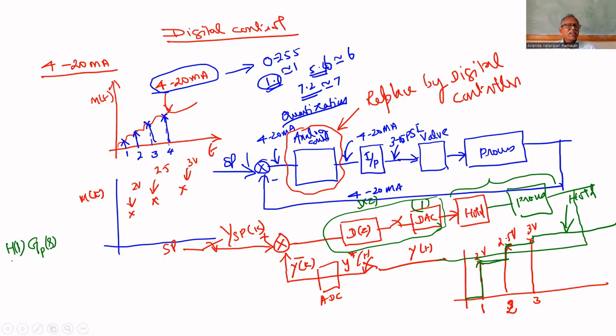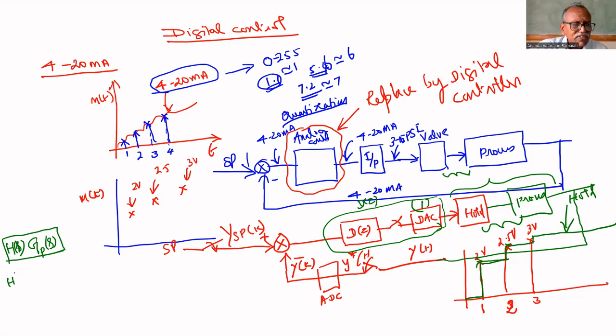If it is in the S domain, we can multiply these two, because there is no sampler between the hold circuit and the process. That's why this is a continuous signal, and we can multiply these two together in the S domain.